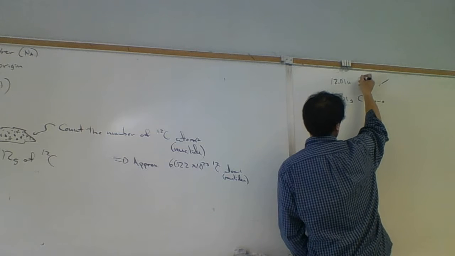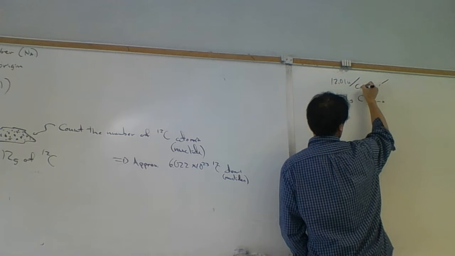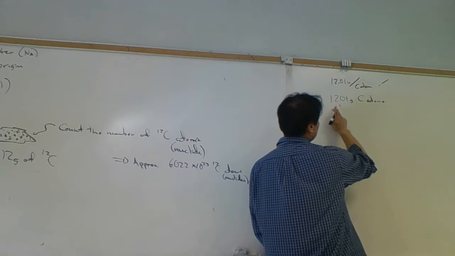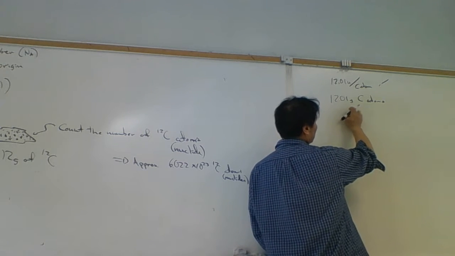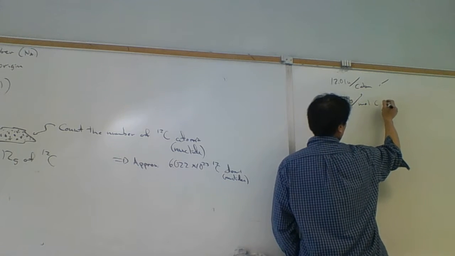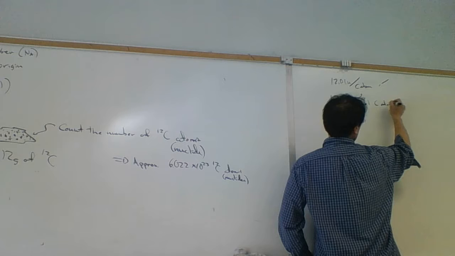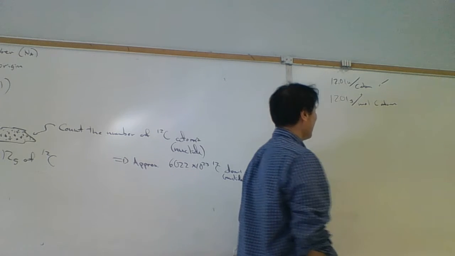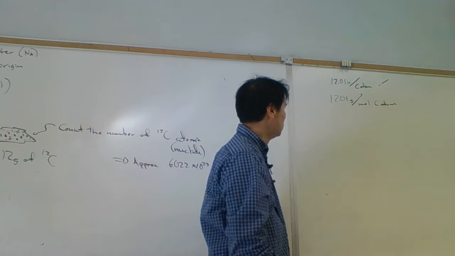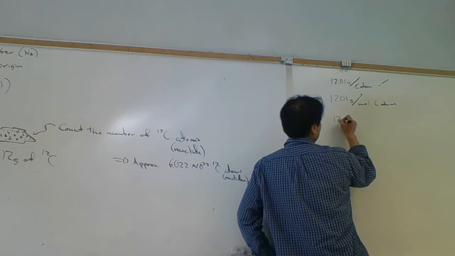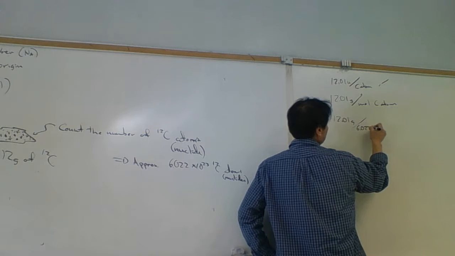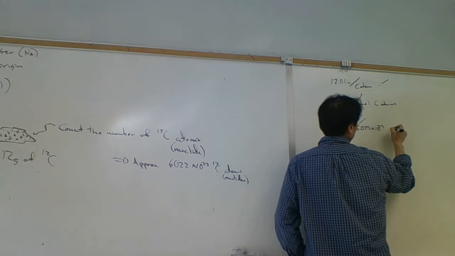It's 12.01 u's worth of mass per carbon atom. That makes more sense. Here, this would be 12.01 grams per mole of carbon atoms. And how many atoms are there in a mole? So it would be 12.01 grams per 6.022 times 10 to the 23rd carbon atoms.